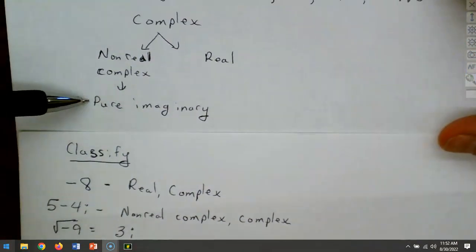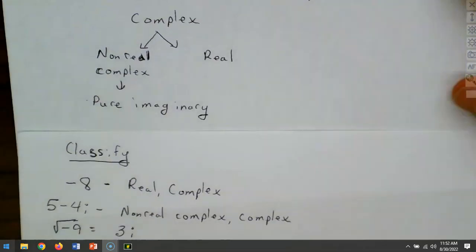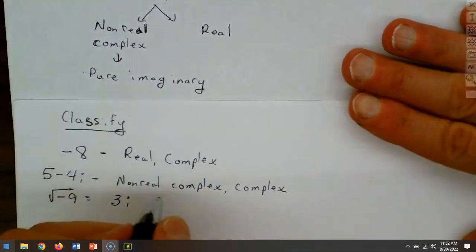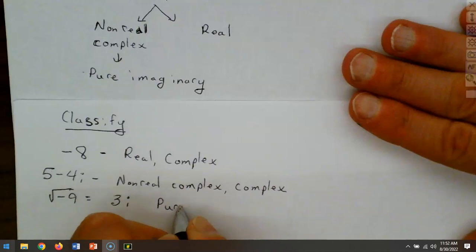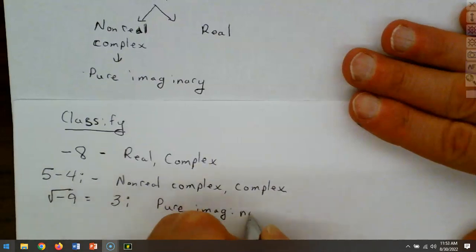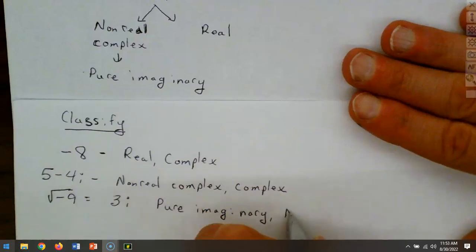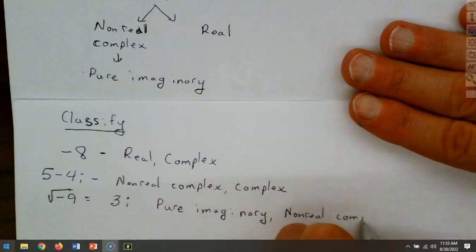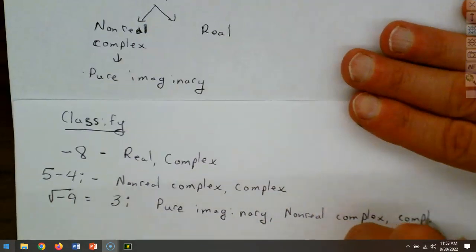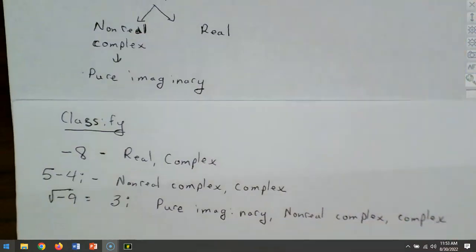Is it pure imaginary? Yes. So it is actually 3 parts. It is pure imaginary. It is non-real complex. And it is also complex. So it's all 3 of them.